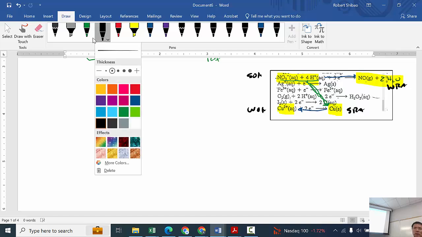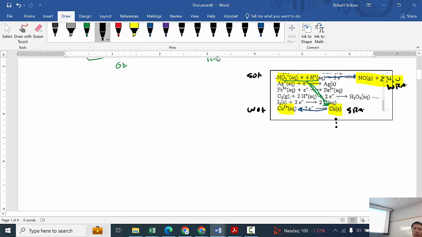What were the two things that you have to memorize? Yes, lithium solid is down here. And fluorine or fluoride? Not fluoride. Fluoride is quite stable.